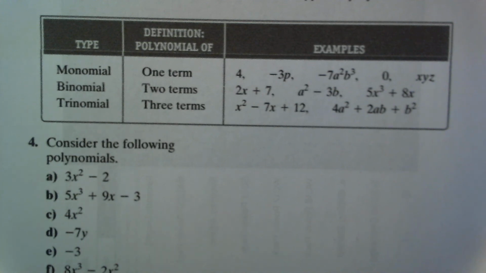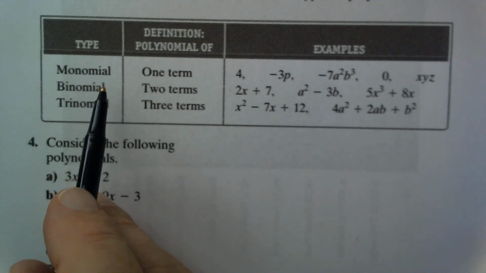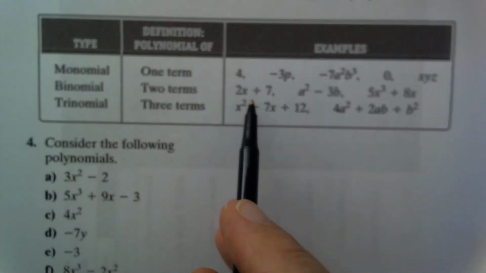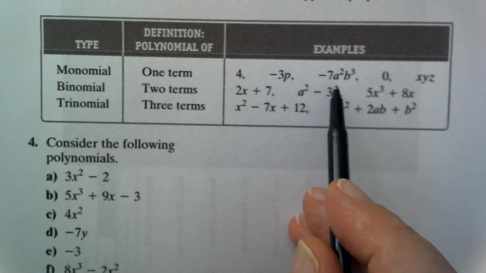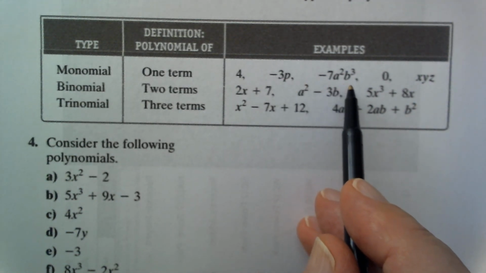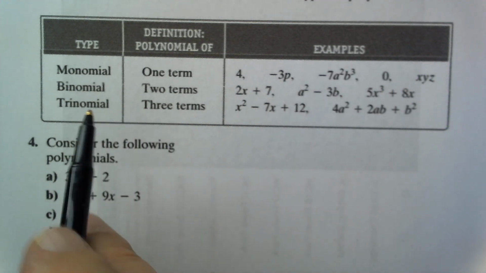Here are some additional definitions on how we classify polynomials. There's a monomial, that means it's one term, and here are examples of monomials: 4, minus 3p, minus 7a squared b to the third, 0, xyz. So those are monomials.